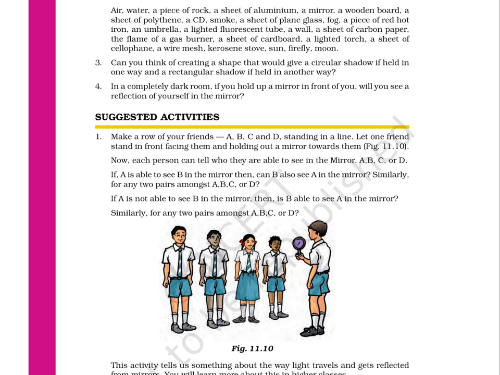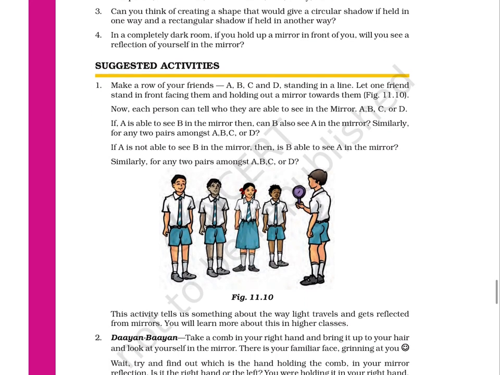Suggested activities. 1. Make a row of your friends A, B, C and D standing in a line. Let one friend stand in front facing them and holding out a mirror towards them. Figure 11.10. Now, each person can tell who they are able to see in the mirror, A, B, C or D. If A is able to see B in the mirror, then can B also see A in the mirror?